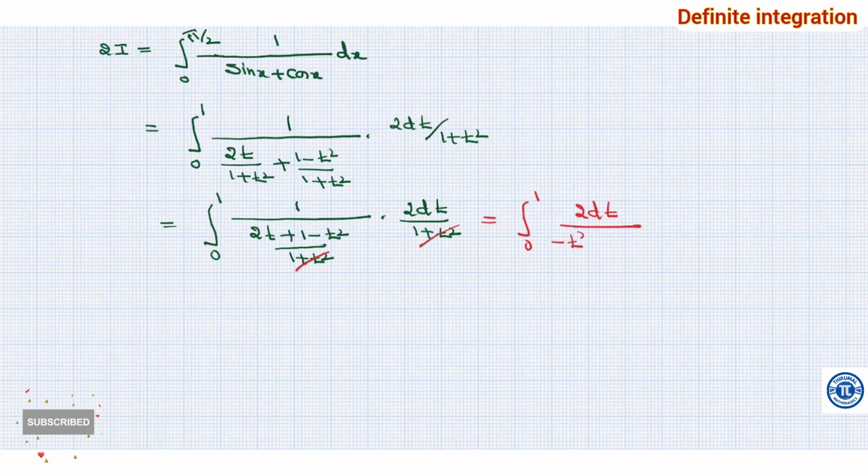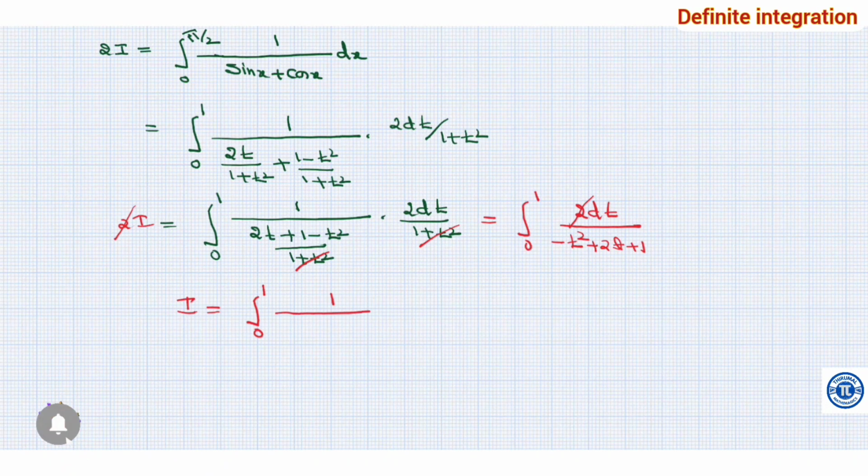minus t square plus 2t plus 1. So 2I equals this; on both sides 2 cancels, then we get I equal to integration 0 to 1 of 1 by (minus t square plus 2t plus 1) dt. Take minus common: minus of (t square minus 2t minus 1).